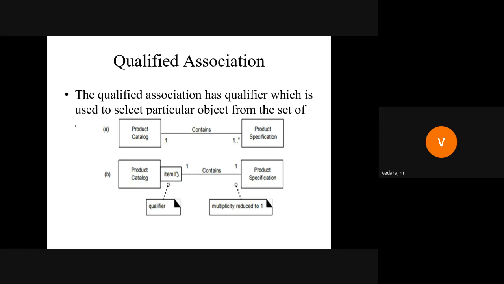How do you call a particular object? With the help of the qualifier. That is called qualified association. In our classroom, 60 students are connected. How can I call a particular student? With the help of the roll number. That roll number is called the qualifier. So selecting the particular object from the set of objects with the help of the qualifier is called qualified association. This is also one of the components of the class diagram.